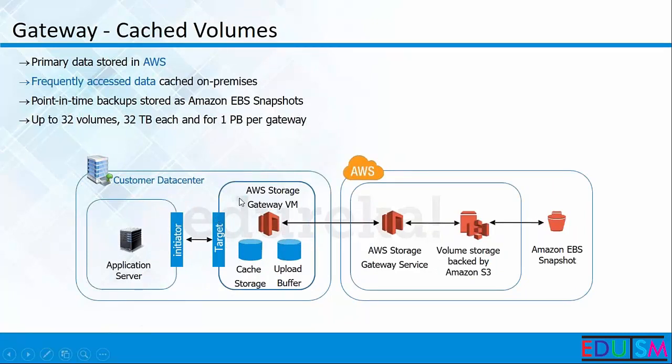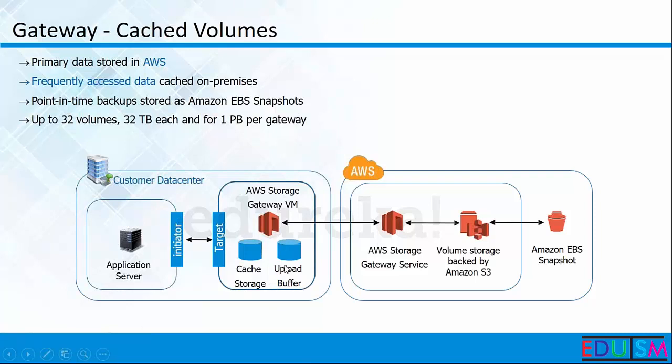This is the architecture of Storage Gateway. You have the customer data center, in which you have the application server, and then you run the AWS Storage Gateway virtual machine, or virtual appliance, and you divide the storage on the data center in two forms: cache storage and upload buffer.